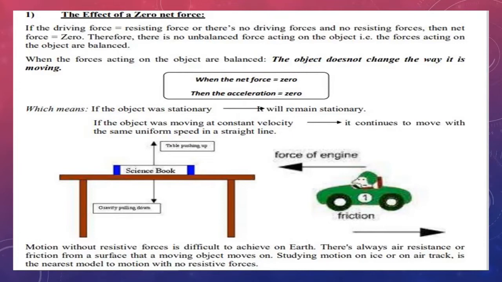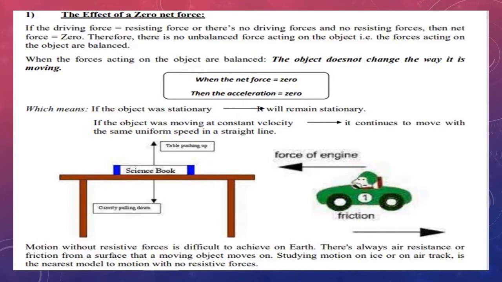This means these two forces are balanced. What is meant by balanced? Each one cancels the effect of the other, so we say the net force acting on this moving car equals 0, so this moving car moves at constant speed.